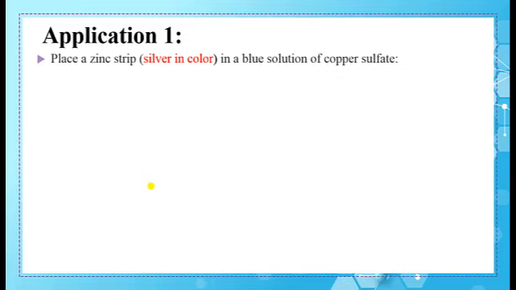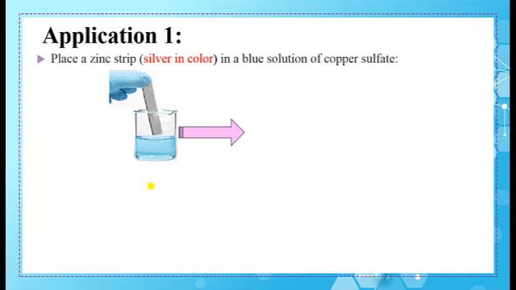Application of what we have taken. If we place a zinc strip, which is silver in color, in a blue solution of copper sulfate, as you can see here. Here we have the zinc strip, which has a silver color, placed in a copper sulfate solution, which is blue in color. Leave it for a few hours.